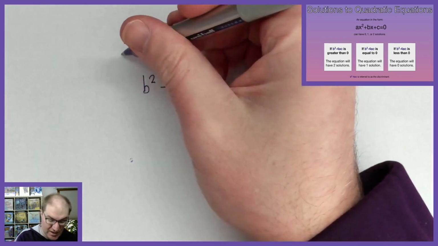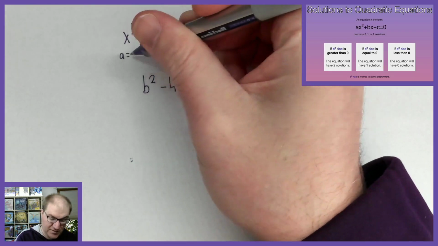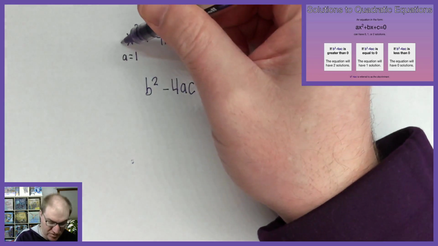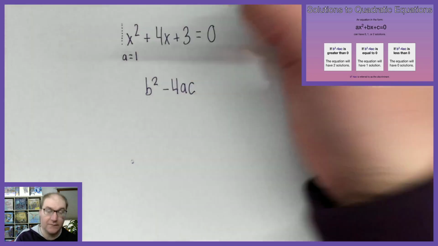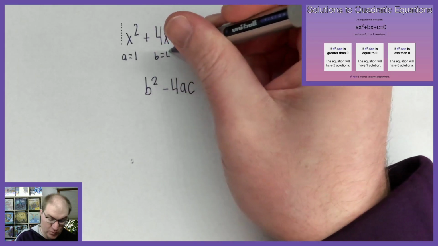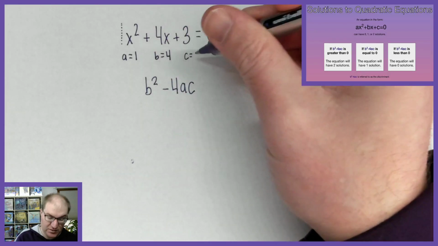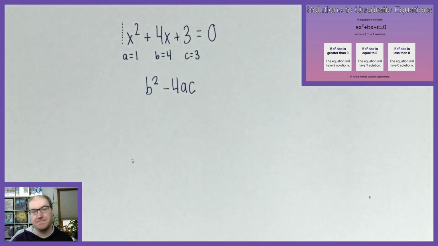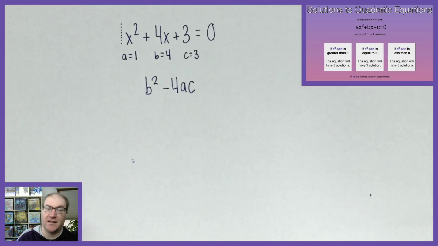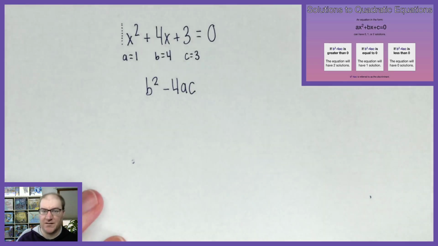In this equation, a is the number in front of x squared. That's 1, right? There's not really a number shown, but really there's a 1 there. B is the number in front of x. That's 4. And c is the plain old constant at the end. That's 3. If I put these numbers into this formula, it'll tell us something about this equation.